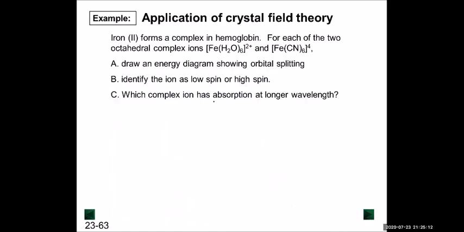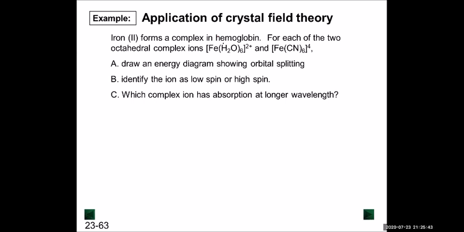Okay. So I will use one example here, the iron 2 complex in hemoglobin. The iron 2 in the protein hemoglobin molecule creates the functionality to bind with oxygen and transfer oxygen in the blood, as the word heme comes from.